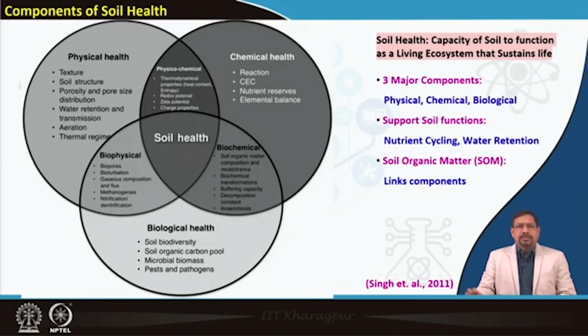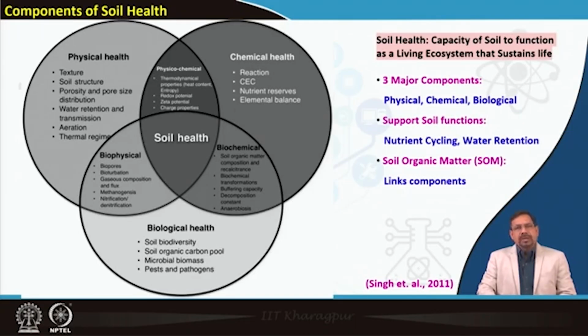in the context of this warming world, or climate change. To understand this, let us discuss the various components of soil health. We put them in three categories: primarily physical, chemical and biological. These are the three broad divisions of the components in understanding soil health.